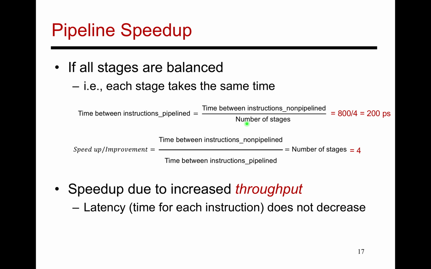In other words, the more stages you have in the pipeline, the shorter your pipelined time would be, and the bigger your speed up is going to be. But the problem is that as you add stages to a pipeline, pipeline operations become more complicated, as we'll talk about pipeline hazards later. So let me stop here, and I'll continue the discussion in the next video.